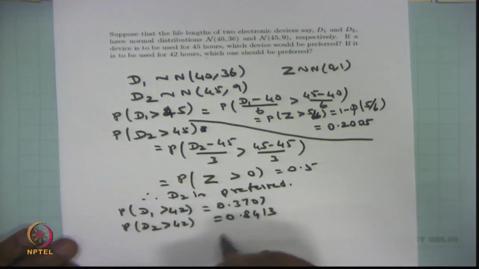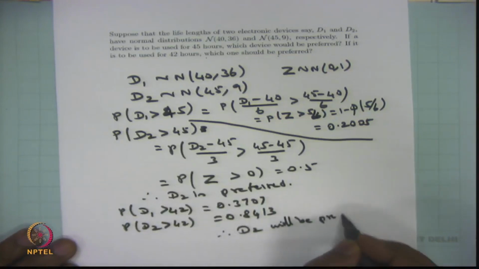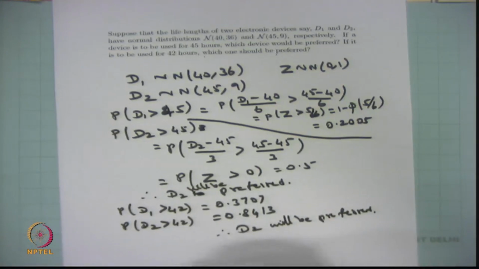So again, D2 will be preferred, in the first case as well as in the second case. You see the problem: both are normally distributed with different means and different variances. Therefore, you cannot suppose the means are the same and the variances are different and then conclude something else.